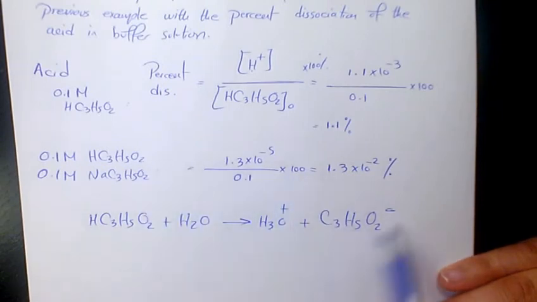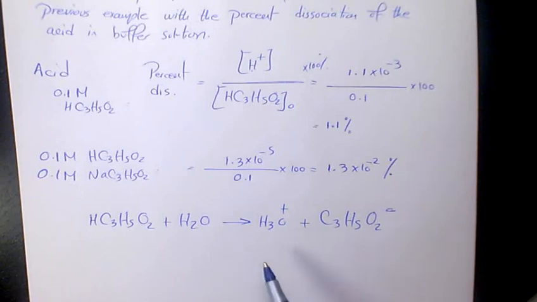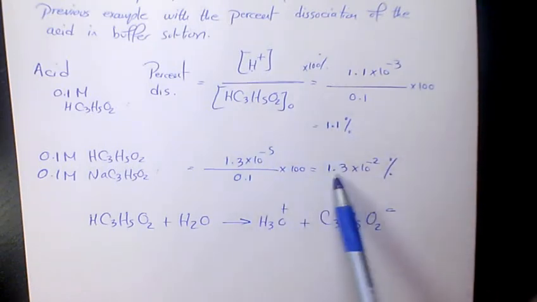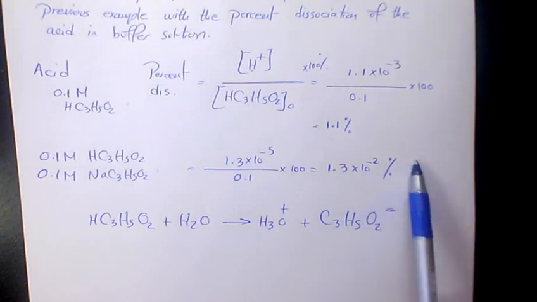In the second case, we have this one, and it's going to act as a common ion. So we have the common ion effect, and the presence of this conjugate base of the weak acid inhibits the acid dissociation. That's why the acid dissociation is reduced significantly from 1.1% to 1.3 times 10 to the power of negative 2%.